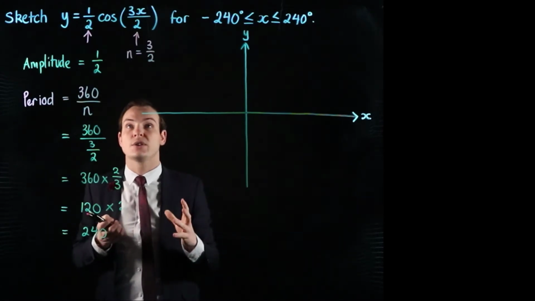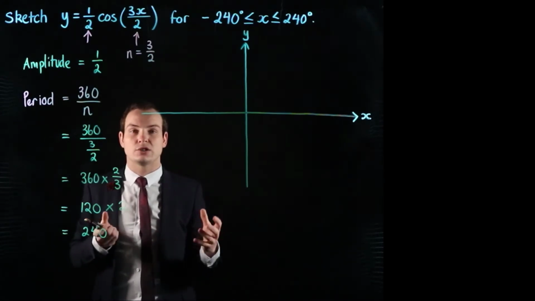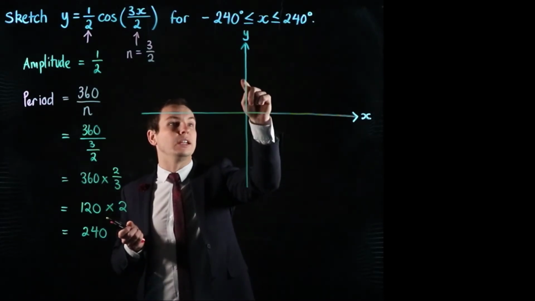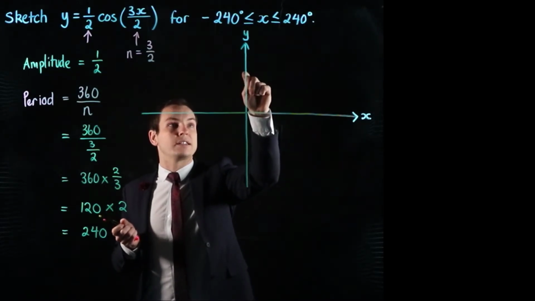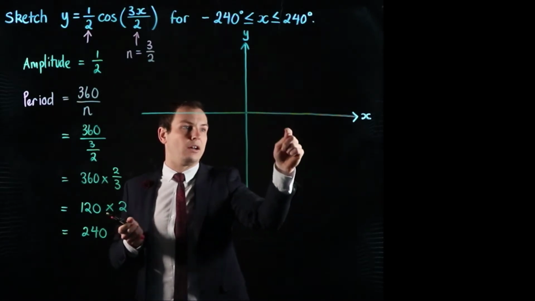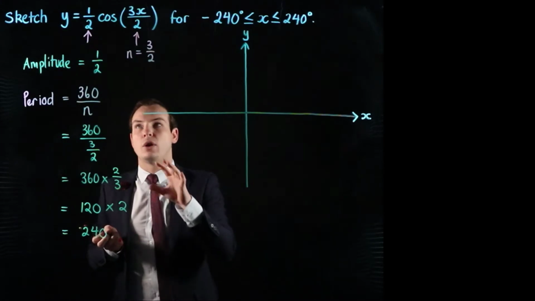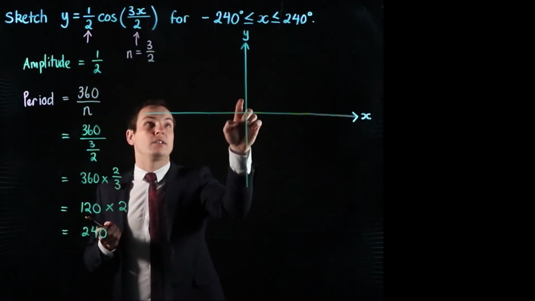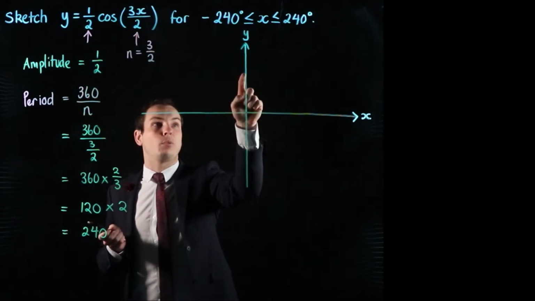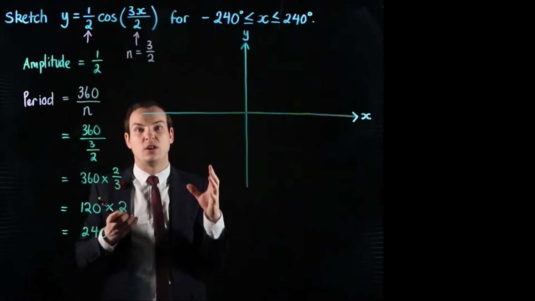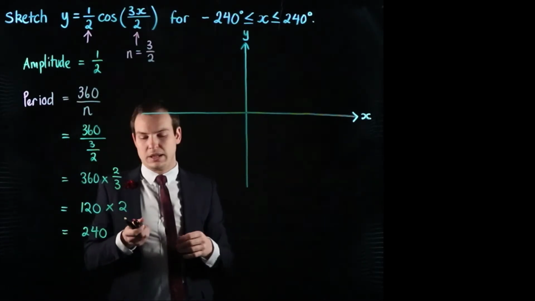And our sine and cosine have particular shapes, or basic shapes that we should know. And for cosine, we actually start up usually at y is 1, x is 0, and it goes down and then back up to complete one cycle. But with our knowledge of the amplitude, we know we're now going to start at 1/2 instead of 1. And we're going to take 240 instead of a normal 360 for the period.